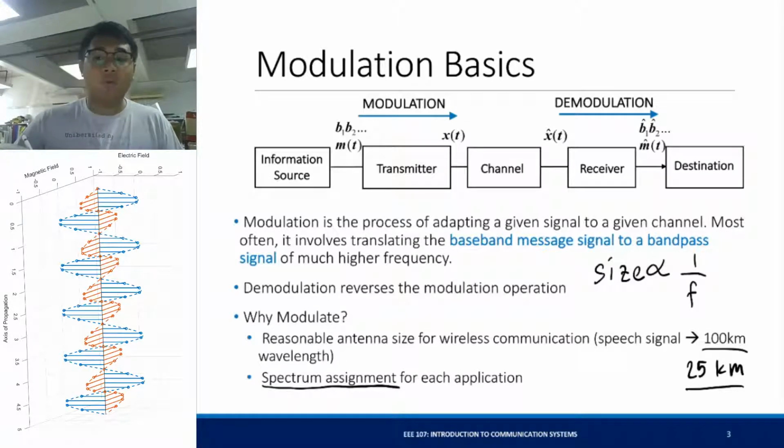And this is how the government regulates our frequency spectrum. Different parts of the spectrum are used for different applications. There's a different spectrum assignment for TV, for Wi-Fi, for the upcoming 5G, you have the higher frequencies, and also for radio and AM wave.